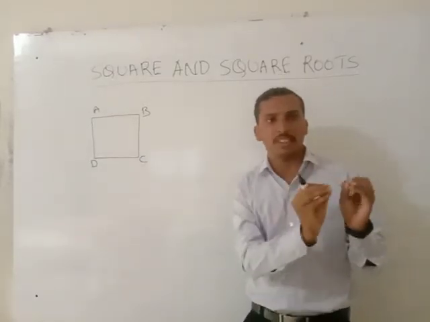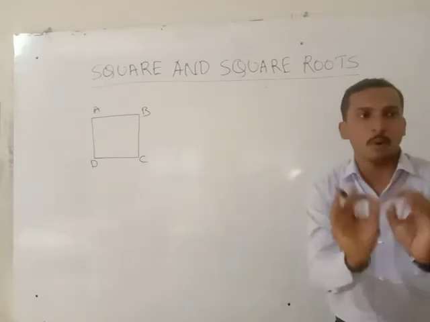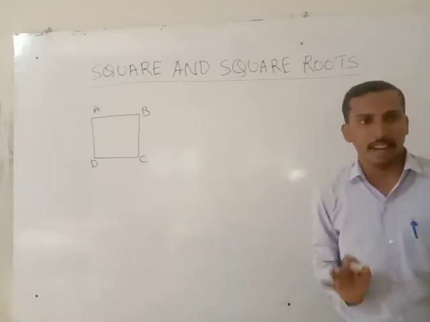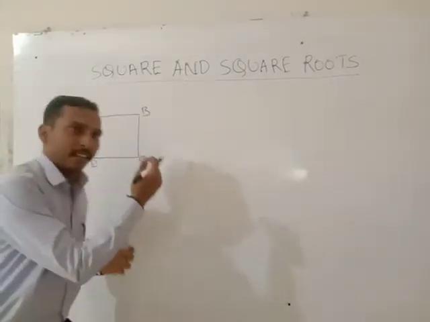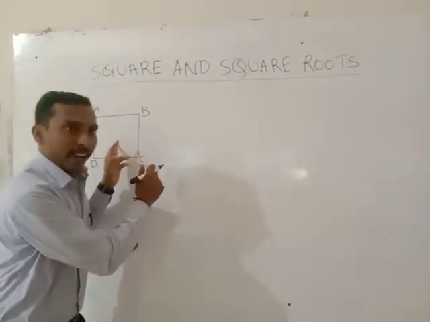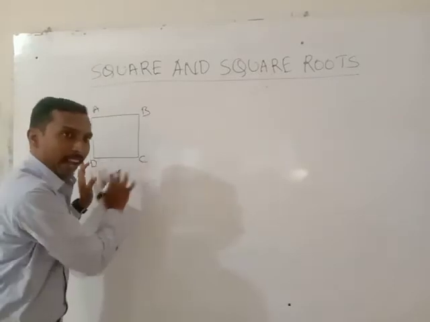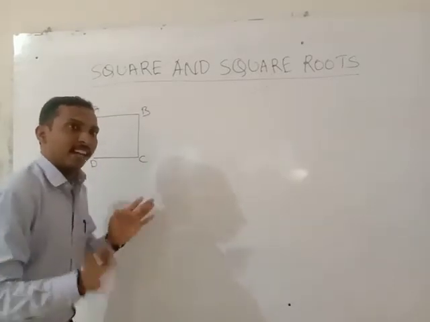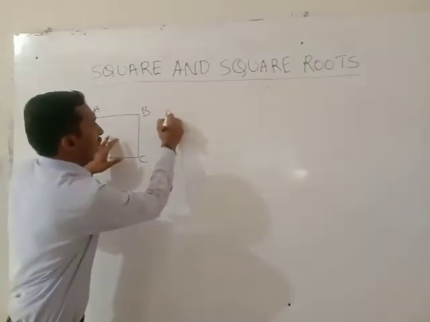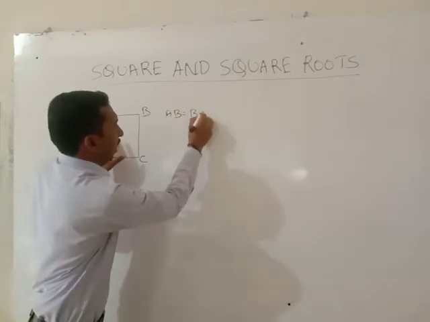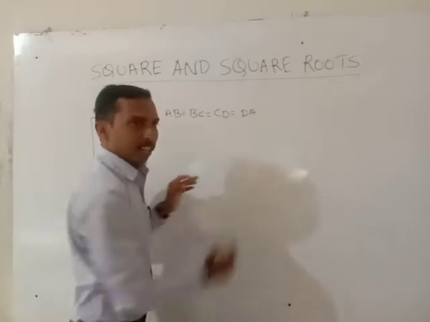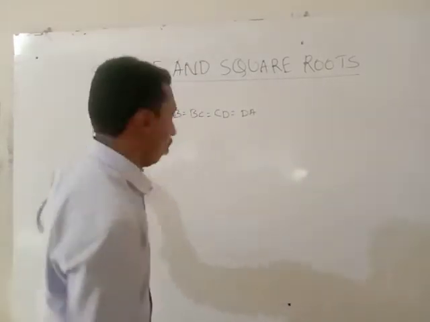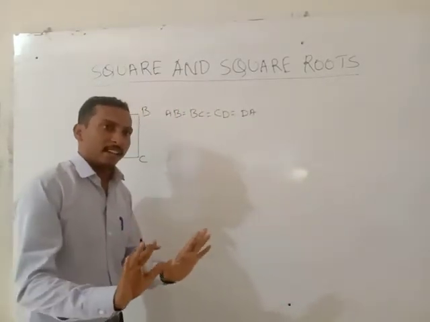Now think about it. What are square numbers, or what is a square? When will you say it is a square? In a square all the sides are equal. You can say that AB equals BC equals CD equals DA. Then only ABCD is a square.